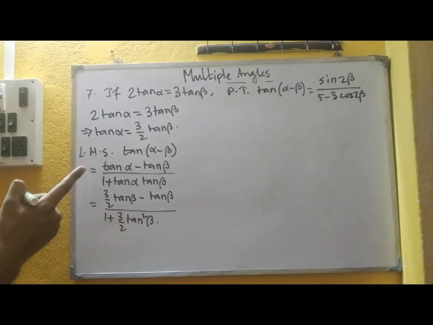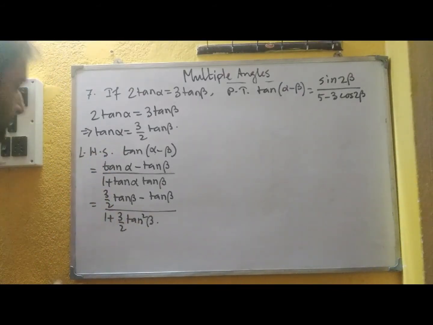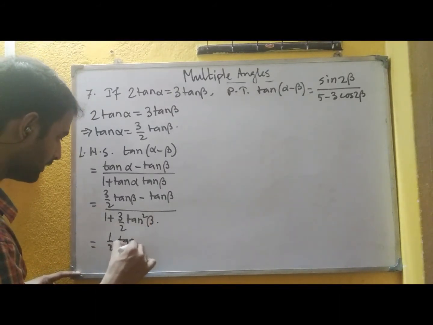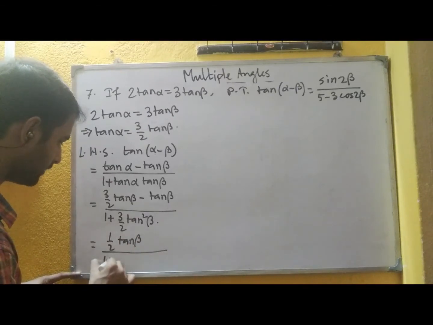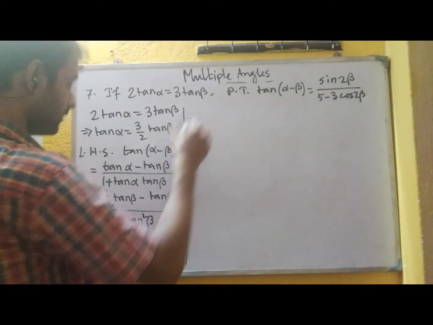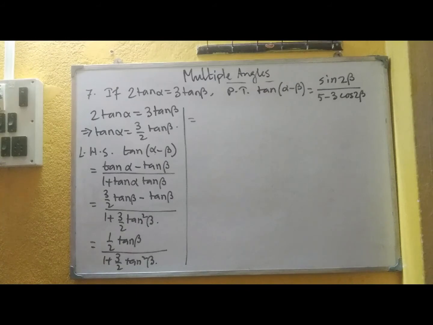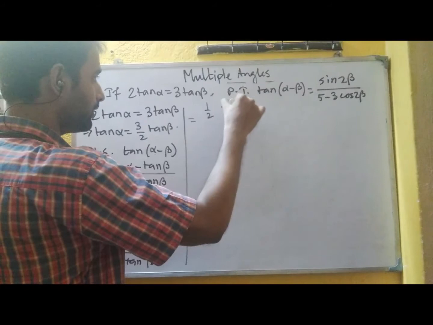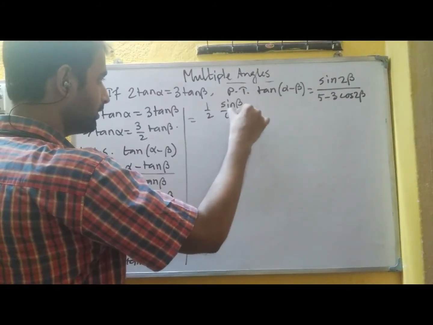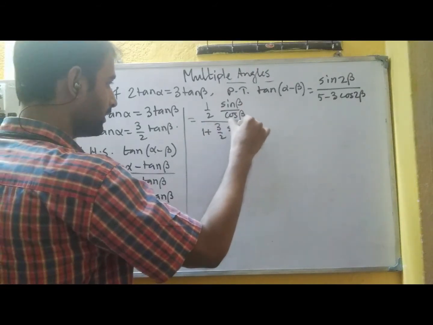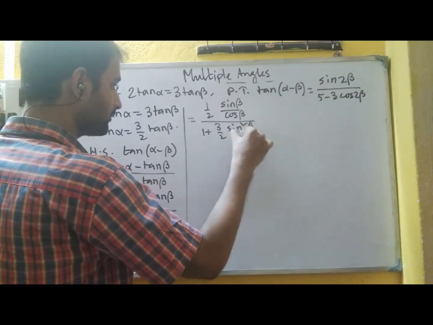Now see, it is required to convert it into sine and cos. So after this step, it is half tan beta divided by 1 plus 3 by 2 tan square beta. So from this, we are putting the value of tan beta as sine beta by cos beta. So let us see that it is half sine beta by cos beta, and then it is 1 plus 3 by 2 sine square beta by cos square beta.